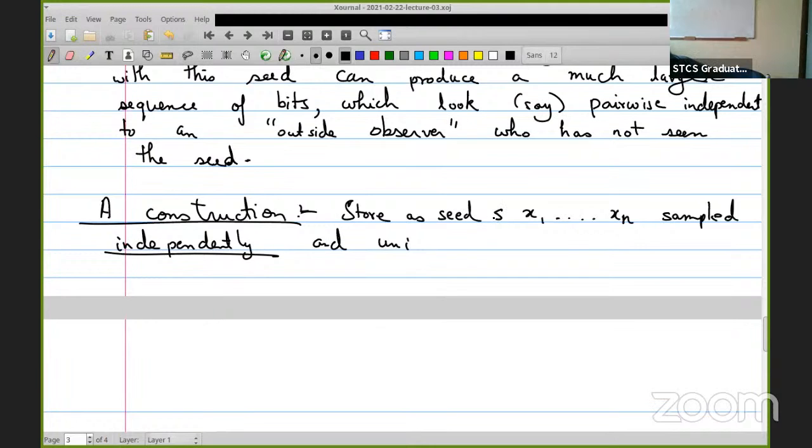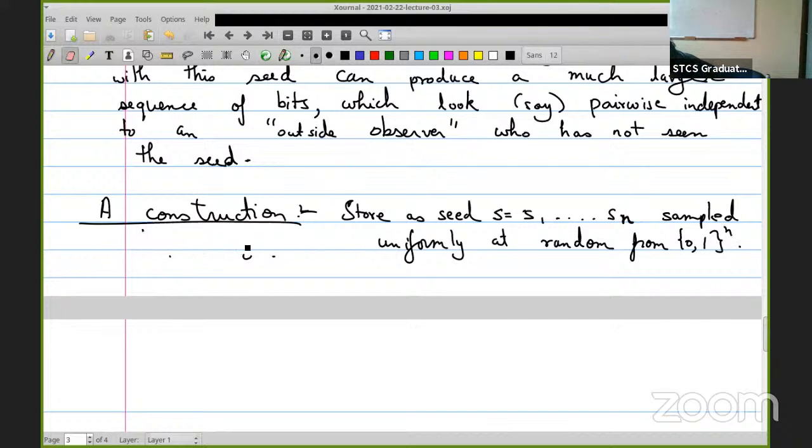If I sample n bits uniformly at random from 0 to 1, they are also independent.